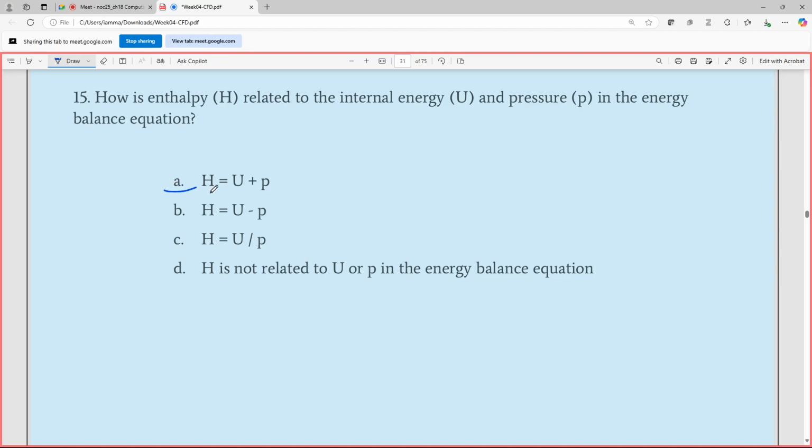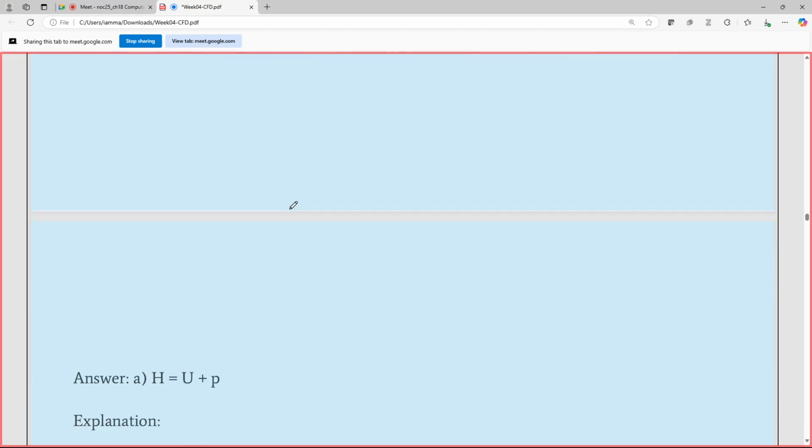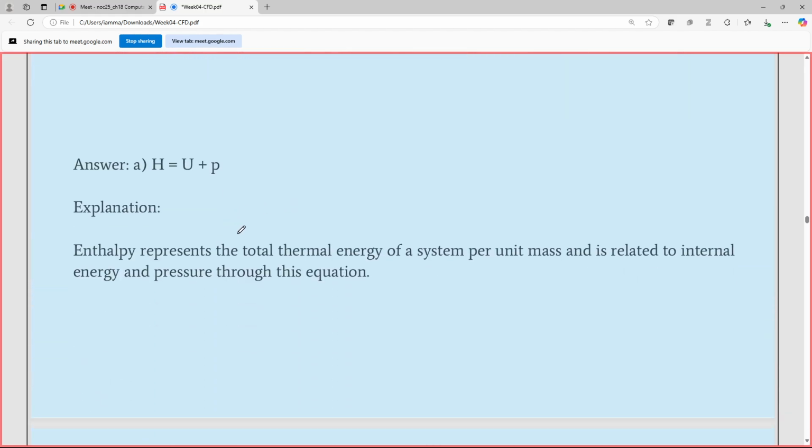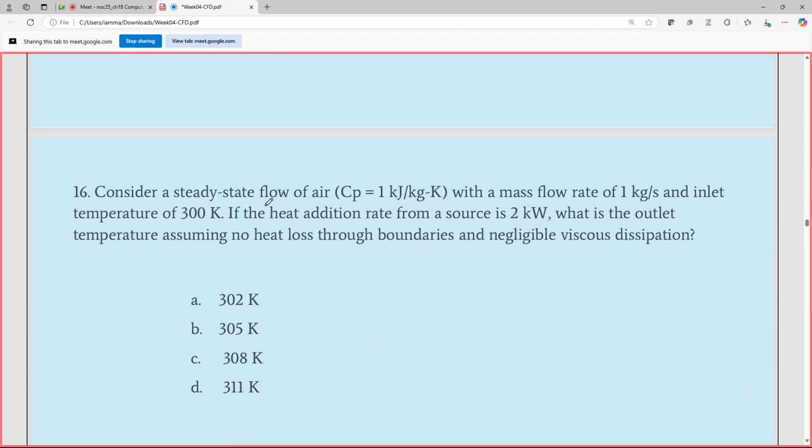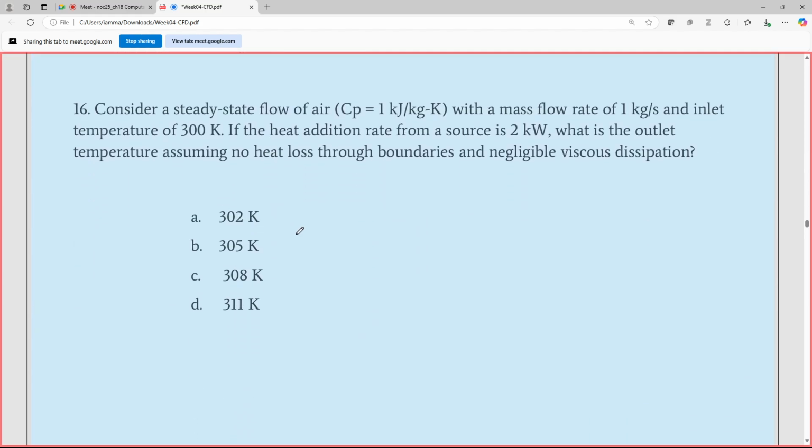Our answer is H is equal to U plus P. Grossly, we can write enthalpy as the sum of internal energy plus pressure energy times volume. Moving on to next question.